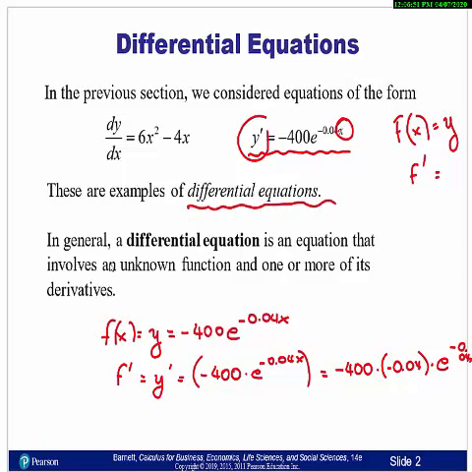A differential equation is nothing else than an equation that involves an unknown function and one or more of its derivatives. So the unknown function right here is y prime, the derivative of this function. And it is an equation because you equate this derivative of the unknown function to a known function of a different variable.